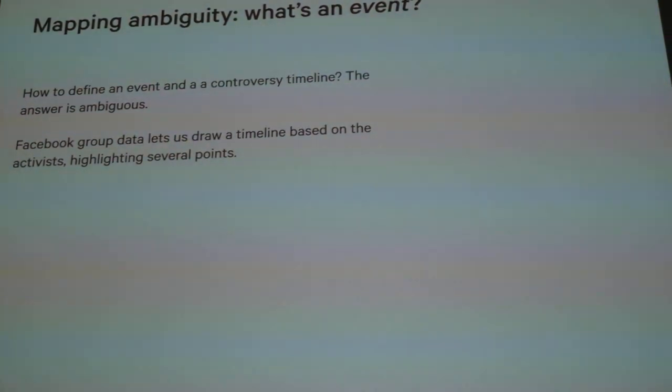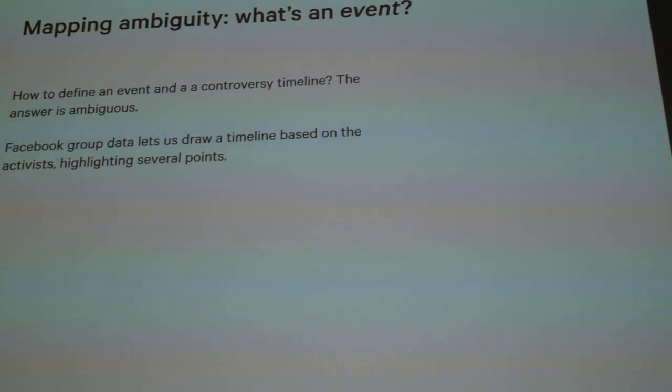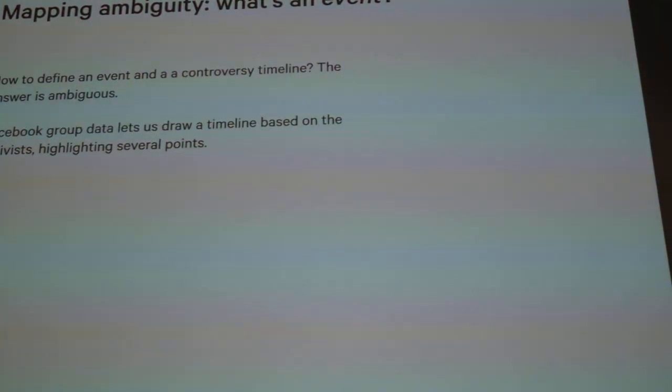So one kind of ambiguity that we wanted to focus on is, as we already said, how do you define an event in the first place? What comes to count as an event if your way of doing controversy mapping is to build a timeline of controversy? The question about what defines an event also points to what defines a timeline at all.